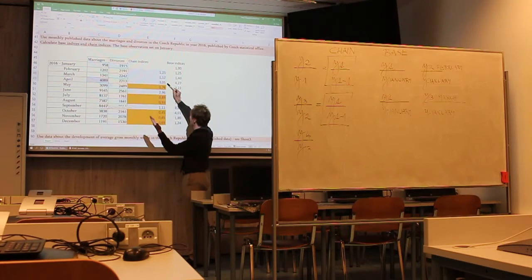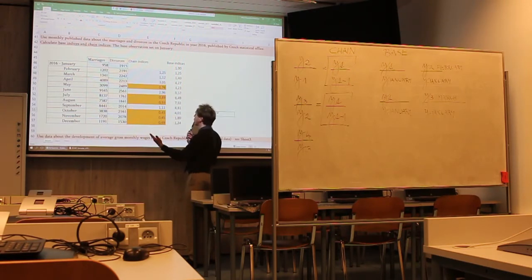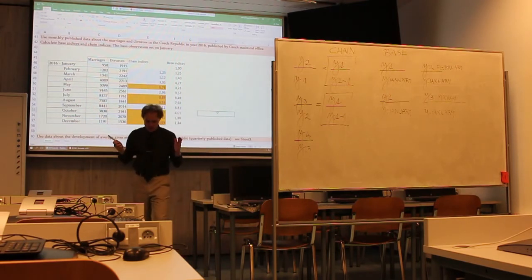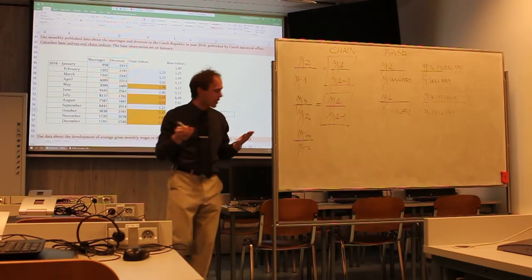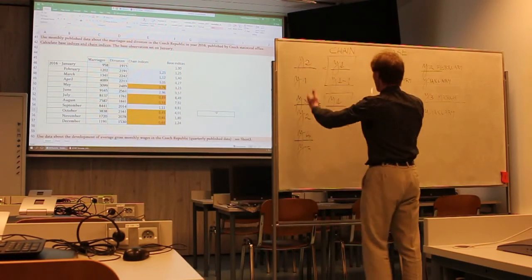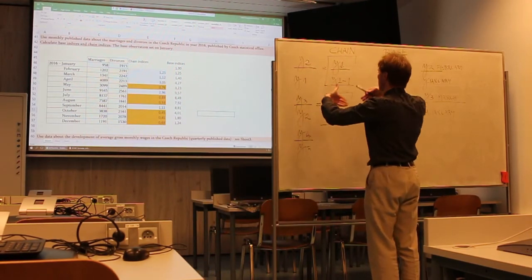This is complicated, but we can say that there is an increase by 205%. But it's still a relative number and information about increase and decrease between months, because this is a chain index. So the increase or decrease is between months.